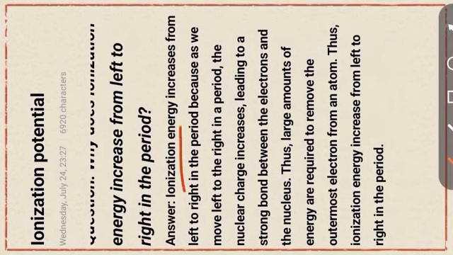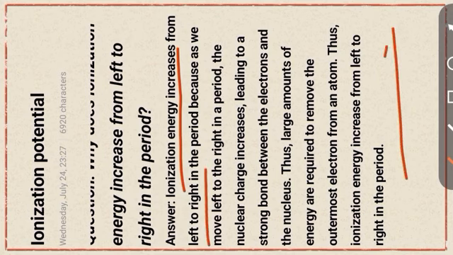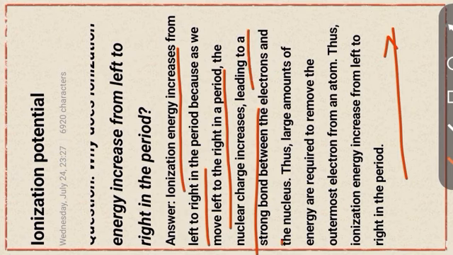Ionization energy increases from left to right in a period because as we move left to right, the nuclear charge increases, leading to a stronger attraction between the electrons and the nucleus.